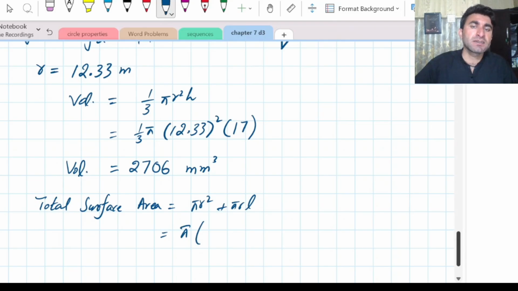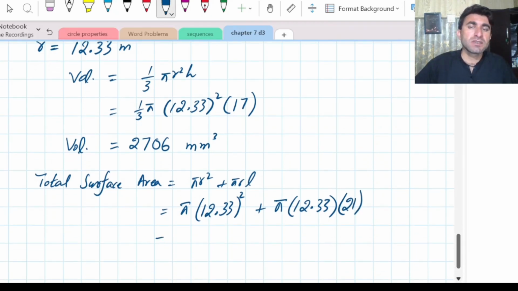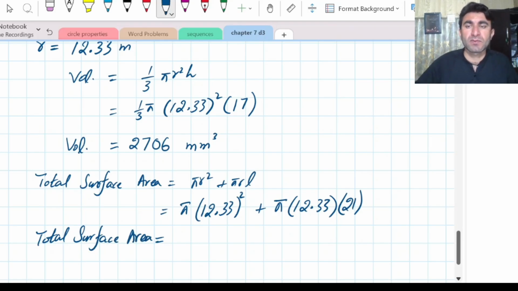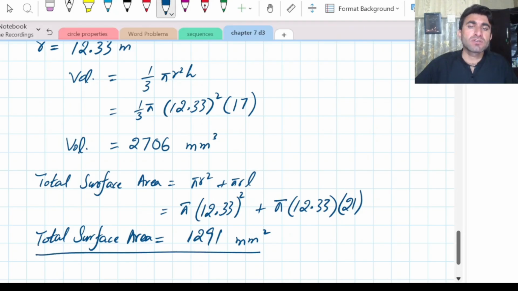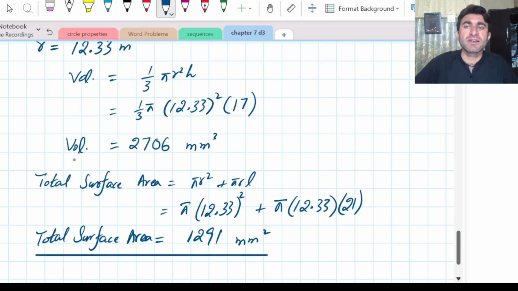So it becomes pi times 12.33 square plus pi times 12.33 into the slant height, which was 21, and again we use a calculator to figure out the exact value of the total surface area. It is 1291 millimeter square. So that is the value of the total surface area of the cone, and here was the volume of this cone.